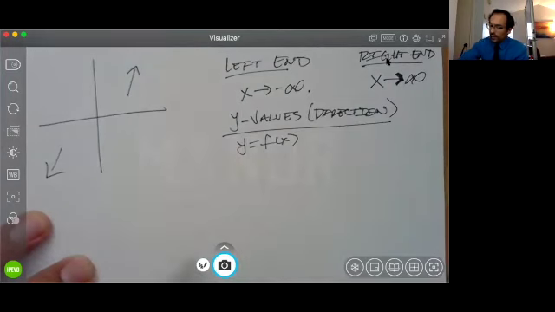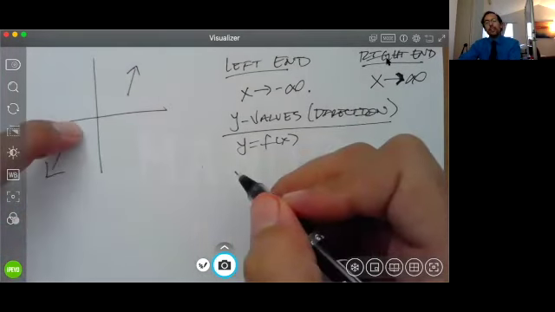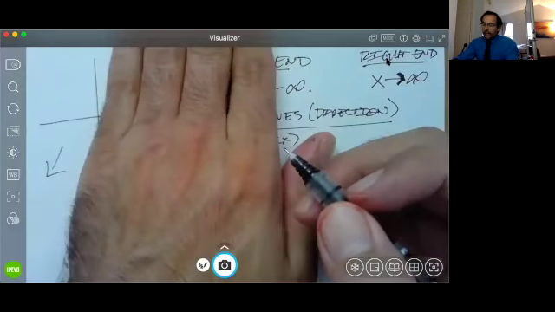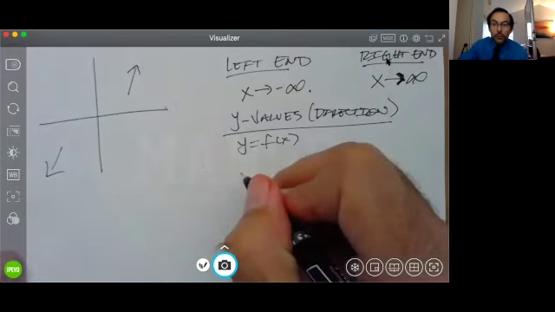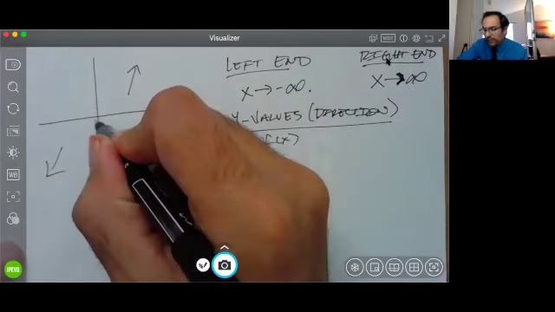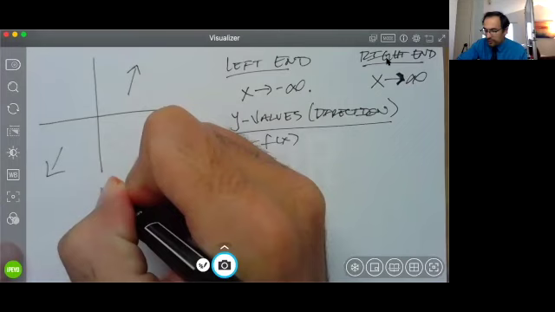So for this example, if I'm describing the left side of this, then my y values are going down. Well, instead of going down, we want to say, what are they approaching? Look at my y-axis. If I go down this y-axis, what are my y values getting closer and closer to?